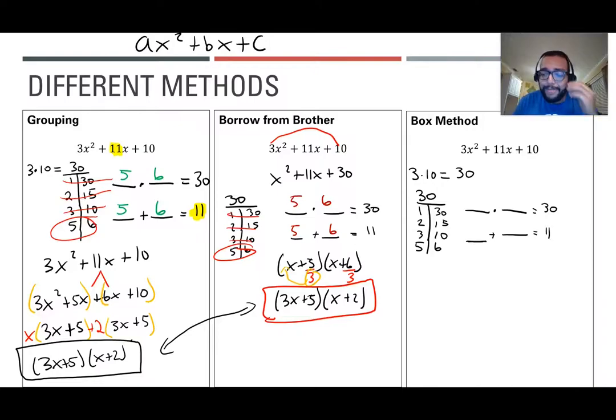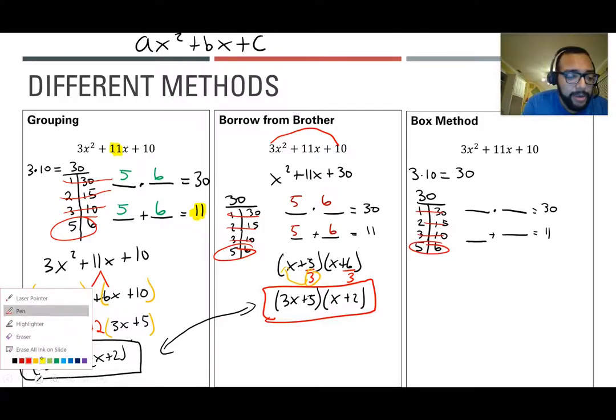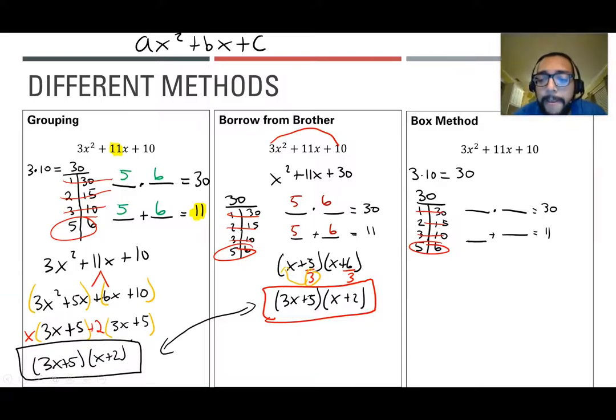Hopefully that isn't a surprise by now. And hopefully it shouldn't be a surprise that the numbers that work are 5 and 6. So 5 times 6 is 30 and 5 plus 6 is 11. That was literally the first thing that we did for the rest of them.